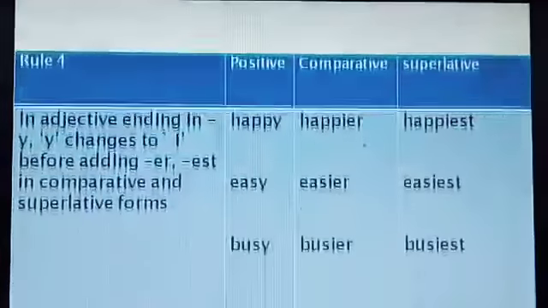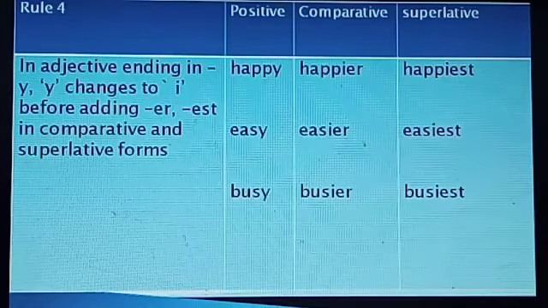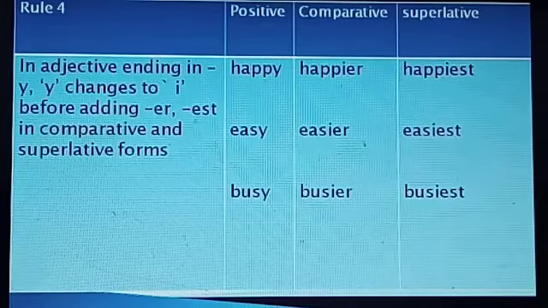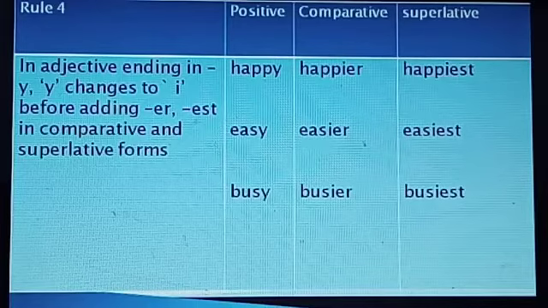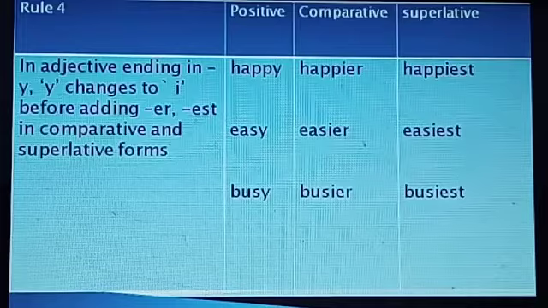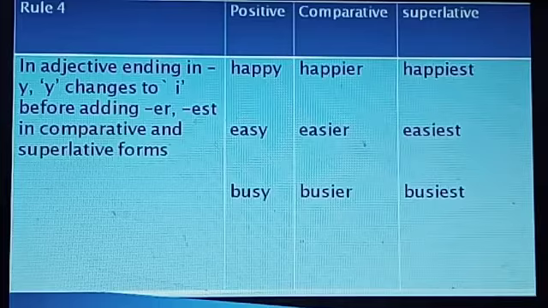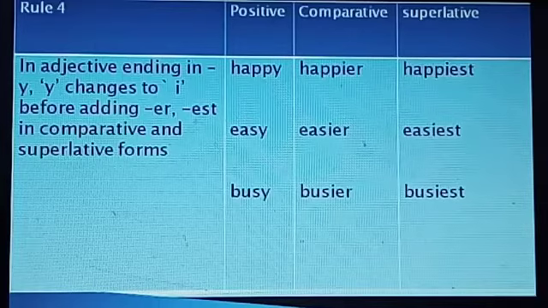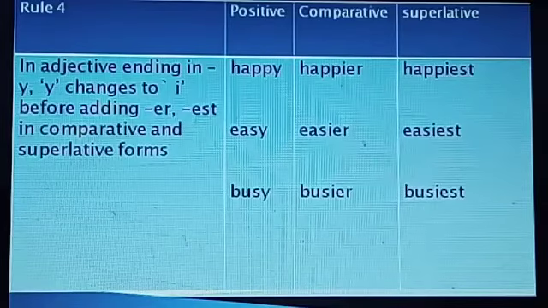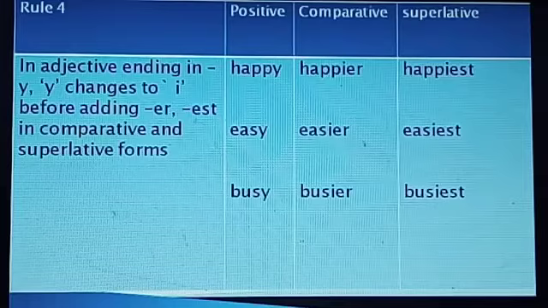Now come to rule number 4. In adjectives ending in y, change y to i before adding er and est in the comparative and superlative forms. Like happy. In happy, y will be changed into i and then we will add er in the comparative form, and in the superlative form in the same way we will change y into i and then we will add est.